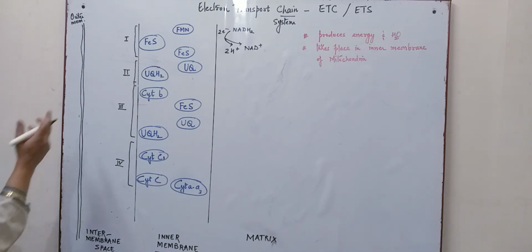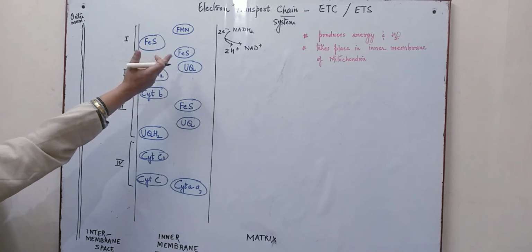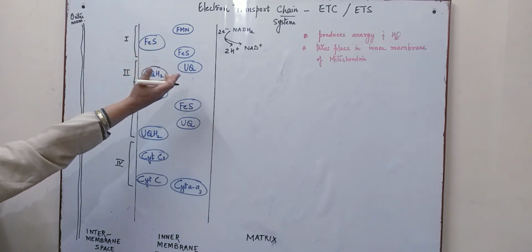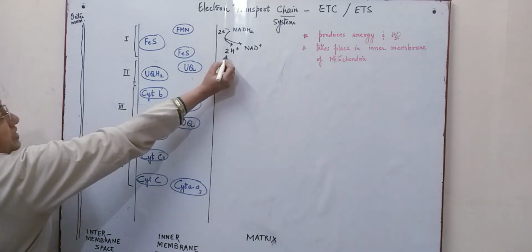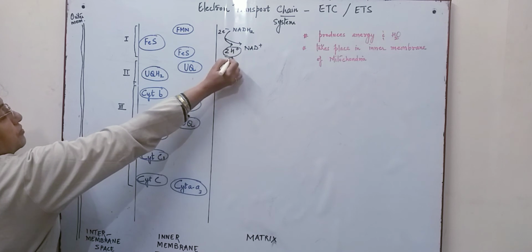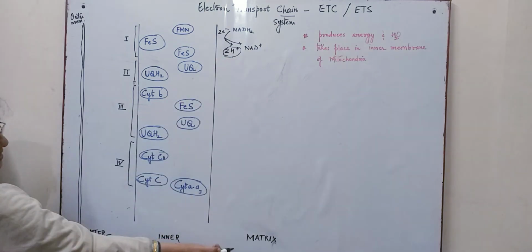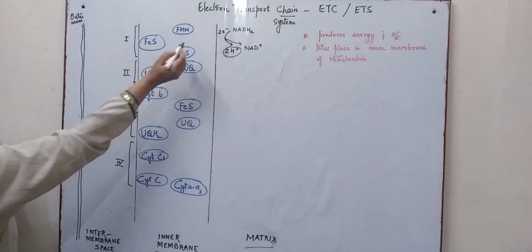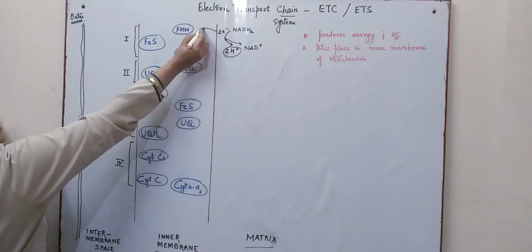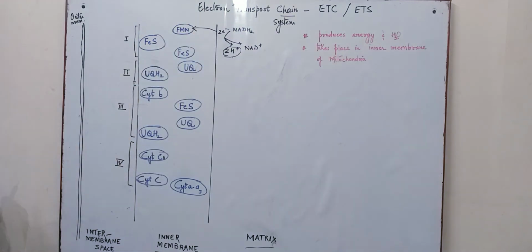Now, the NADH2, which is being produced, breaks up into 2 electrons, that is the pair of electrons, a pair of protons, and NAD is regenerated. This pair of protons which is being generated gets stored within the matrix, while this electron will now be taken up by the flavin mononucleotide or FMN, and FMN is the first electron acceptor.